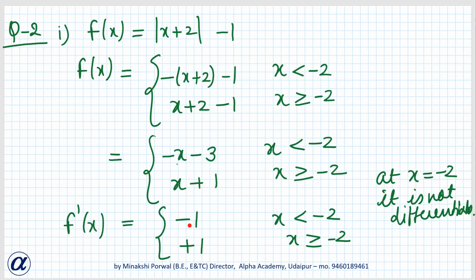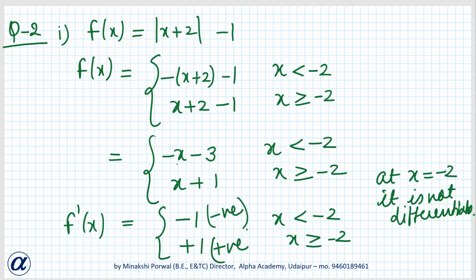Yes, ma'am. So when we check by the first derivative test, what we do is check the slope. How do we check that slope? It is coming negative or positive. For negative and positive, we take less than 0 and greater than 0. Here the slope is negative. Here the slope is positive.